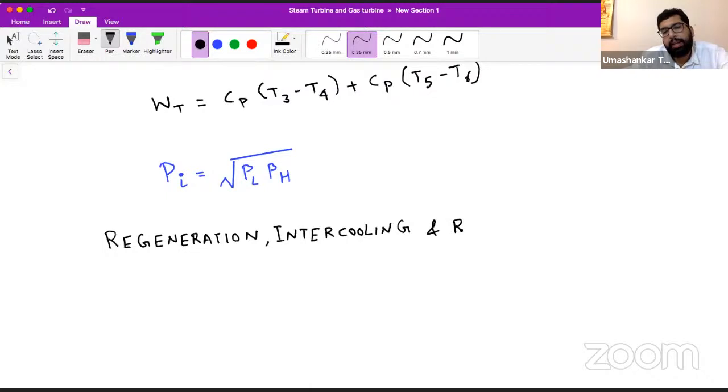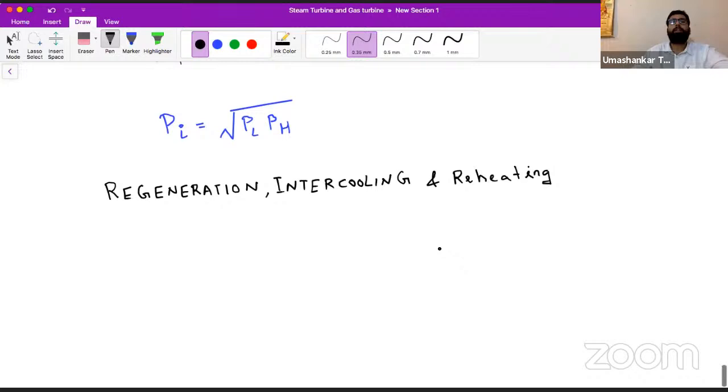And in reheating alone, our efficiency decreases. But when we combine all these three, remember the efficiency increases.